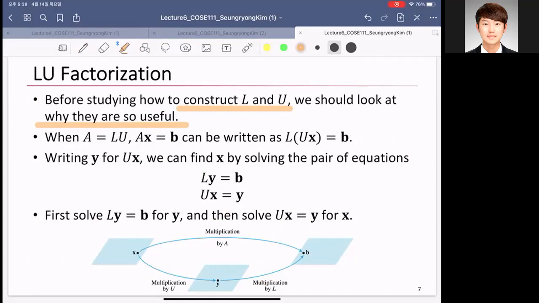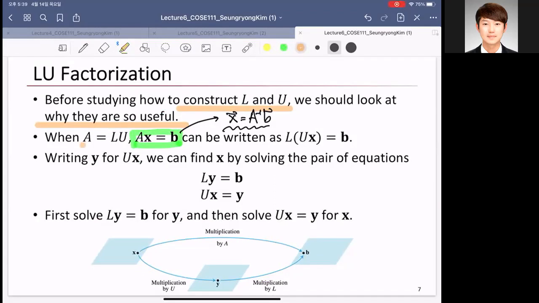First of all, let's talk about Ax equals b. If matrix A is invertible, we can solve this system as x equals the inverse of matrix A times b. Then let's compare the complexity of this with using LU factorization.